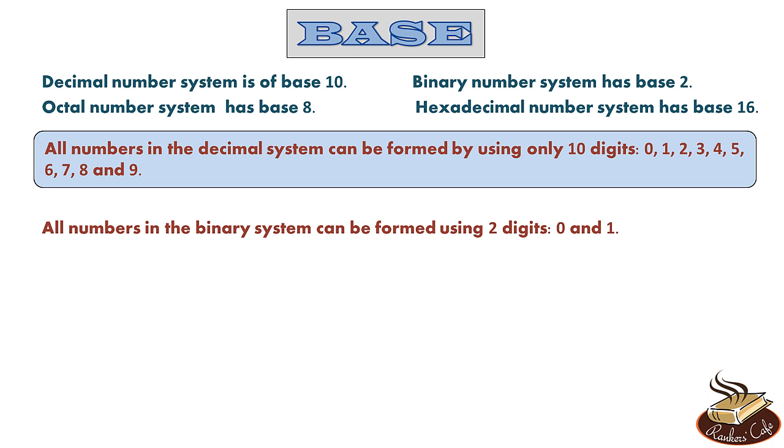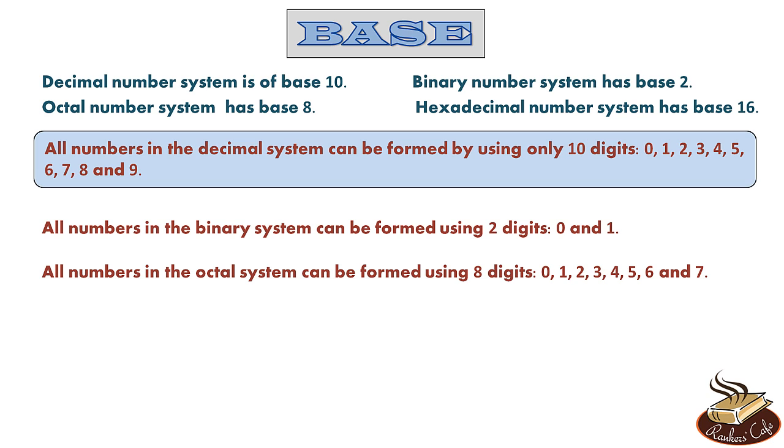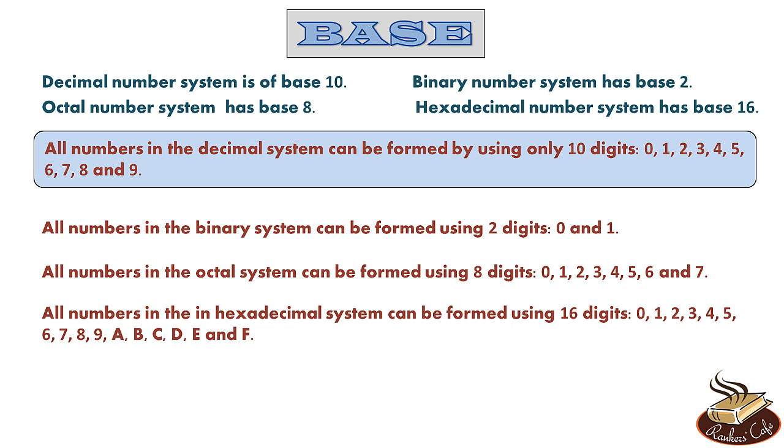Similarly, in a binary number system, we can represent all the numbers using only 2 digits, 0 and 1. In the octal system, we represent all the numbers using 8 digits, which are 0, 1, 2, 3, 4, 5, 6 and 7. And finally, in hexadecimal system, we can represent all numbers by using 16 digits, 0, 1, 2, 3, 4, 5, 6, 7, 8, 9, A, B, C, D, E and F.